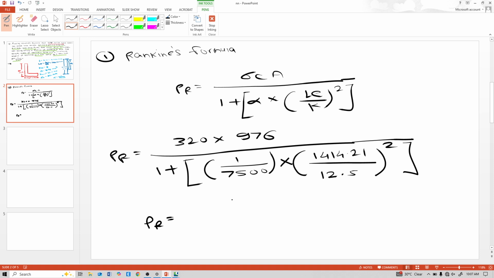So solve. It is 115389.52. Unit is Newton, and in kilonewton it is 115.389 kilonewton.